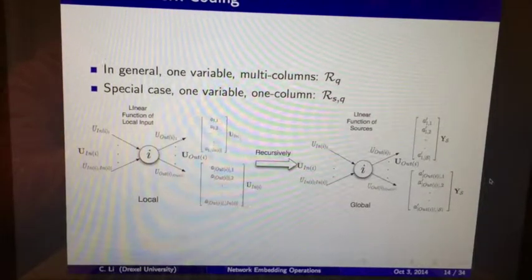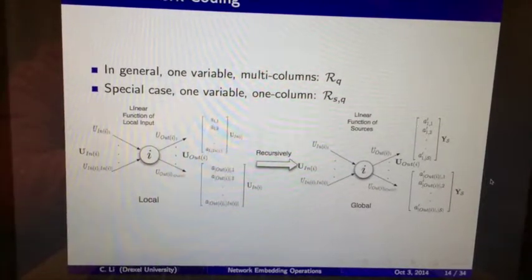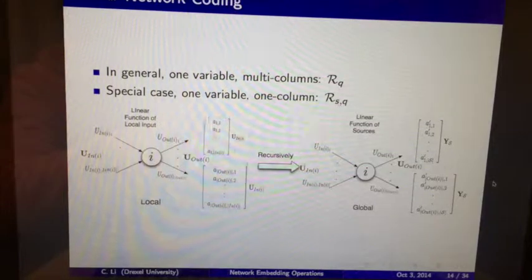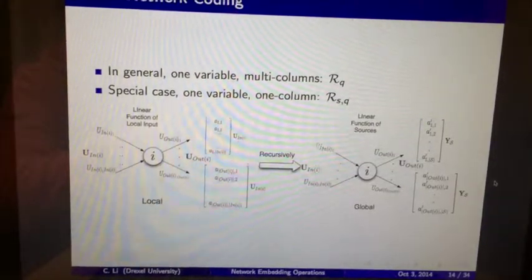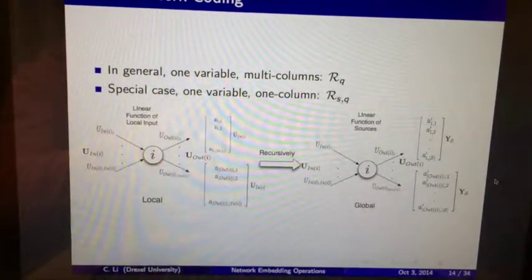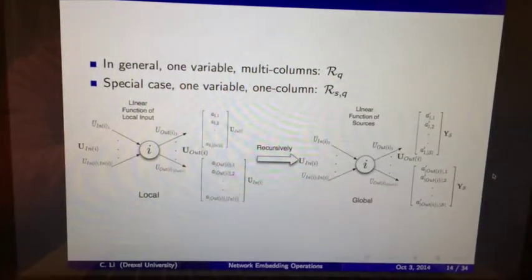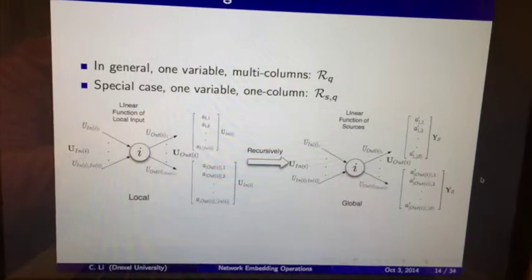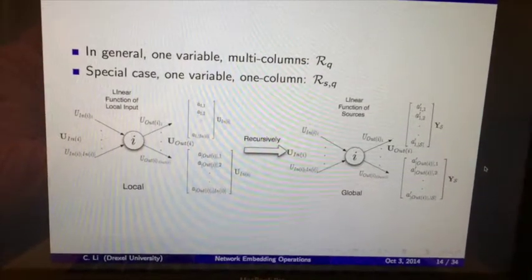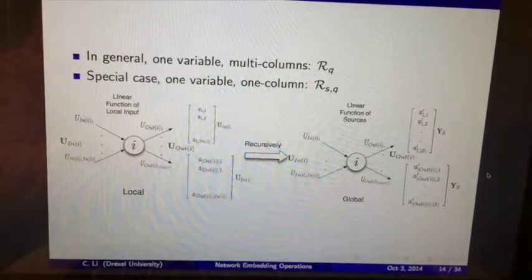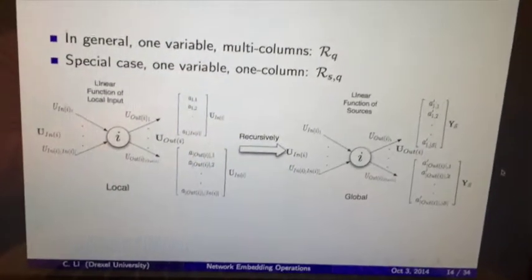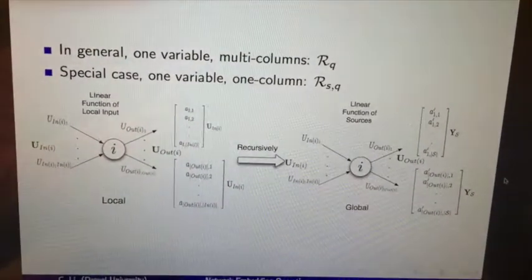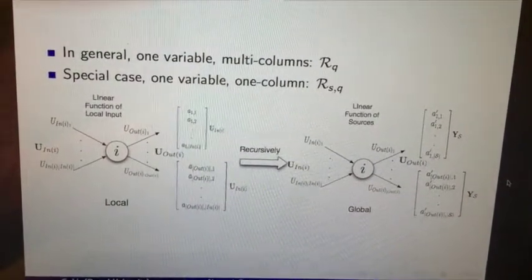We consider the global functions, and we know that in general, one variable may have multiple columns in the coding matrix. We denote the region achieved by such general codes as RQ. There is also a special case where each variable has at most one associated column in the coding matrix. We denote the corresponding region as RSQ.